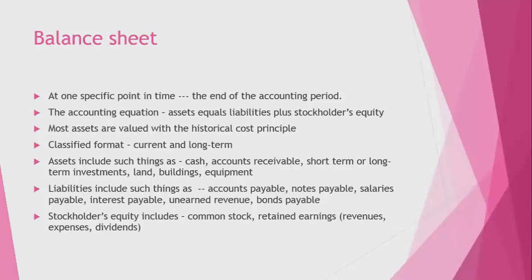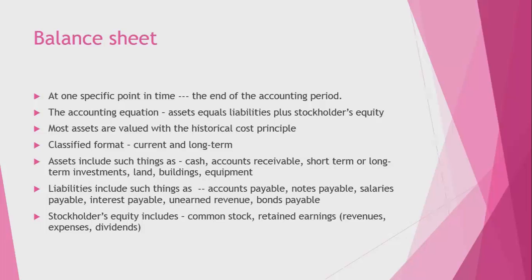We do expense off, we use up assets, but they're still based on the cost principle. Later we'll see the classifications. We can tweak the balance sheet a little bit. We'll have short-term assets, long-term assets, short-term liabilities, long-term liabilities, which will help us in analyzing and making sense of a company.